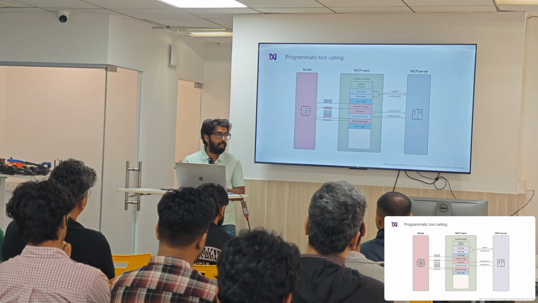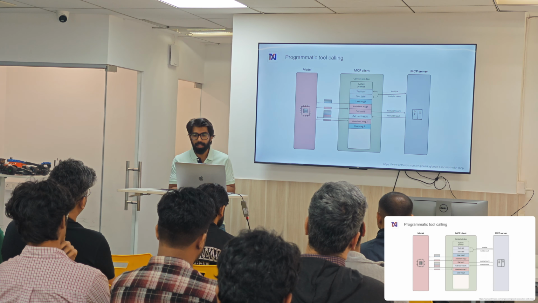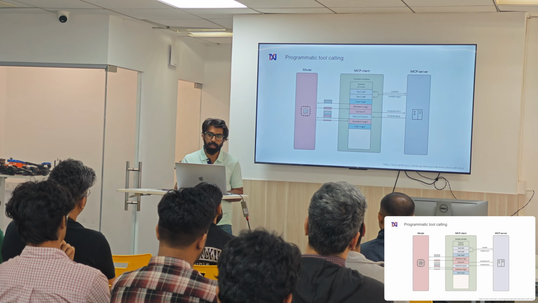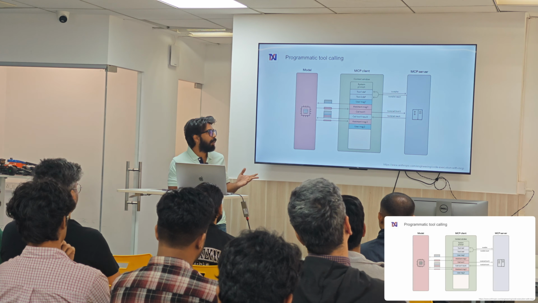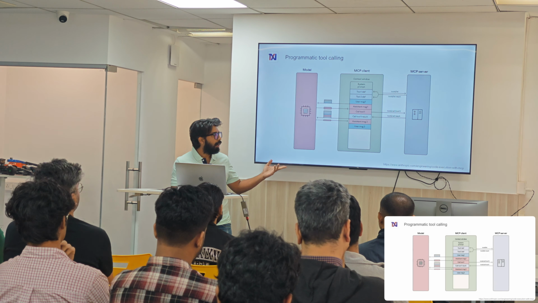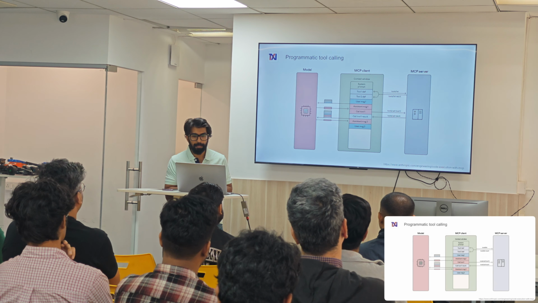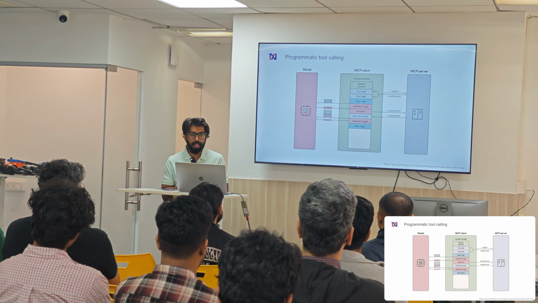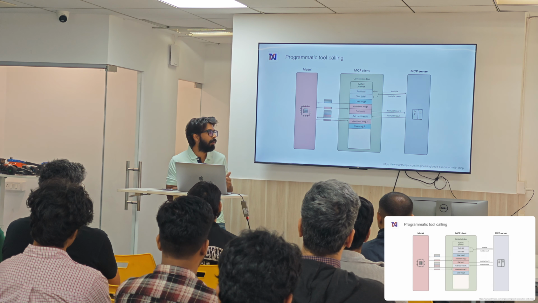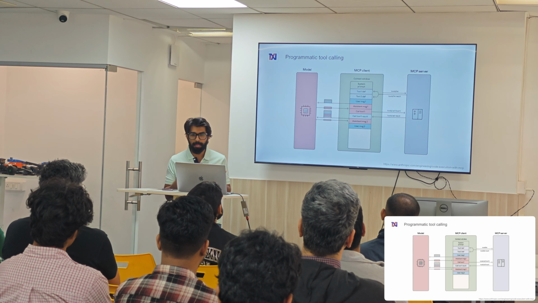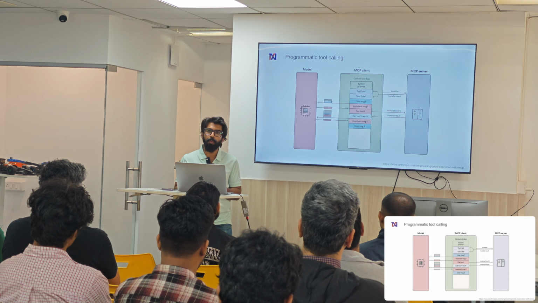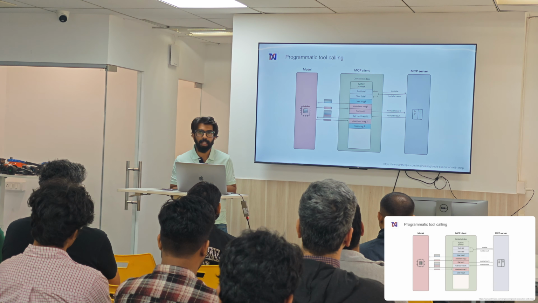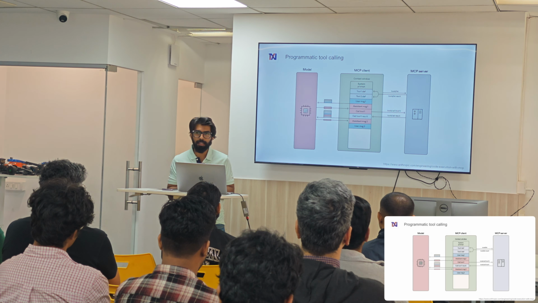Anthropic themselves came up with a blog on how they have worked around this, which involved programmatic tool calling. What programmatic tool calling is: you power the MCP with a sandbox environment, a code execution environment, where you generate scripts which can make the tool calls intelligently, so that you can combine 2 or 3 tools, and maybe the discovery is just done once, but all subsequent tool calls can call the script directly and run the tool, because LLMs are great at generating code.